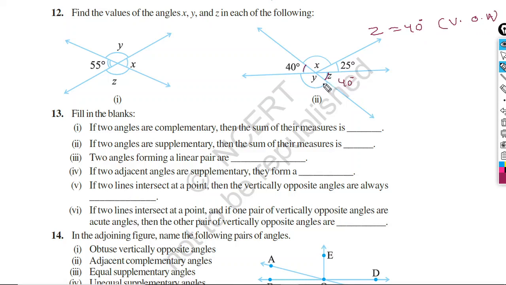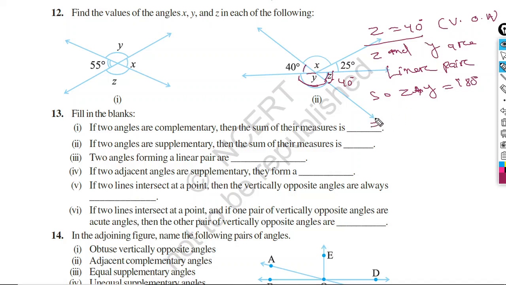Well, z and y are a linear pair. Look at it, z and y. So z plus y equal to 180.